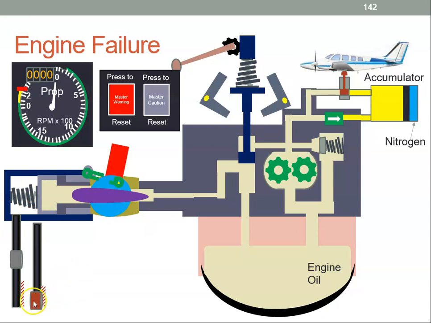So to allow that to happen, the pilot will need to lower the valve here, so he'll need to put the condition lever back into maybe some constant speed range.